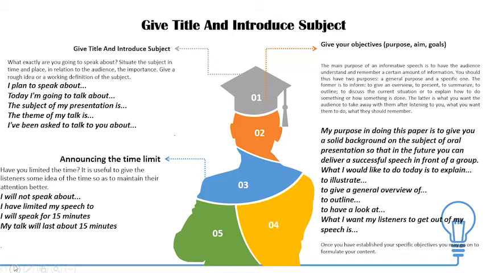Or you could say, "What I would like to do today is to explain blah, blah, blah," or "to illustrate blah, blah, blah," or to give a general overview of, or to outline, or to have a look at. Or you could say, "What I want my listeners to get out of my speech is." So there are plenty of words that you could choose to mention your presentation objectives.